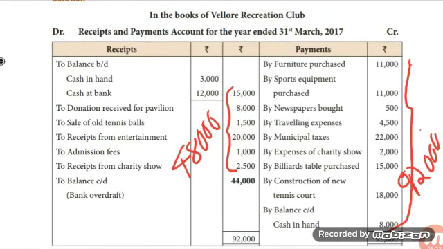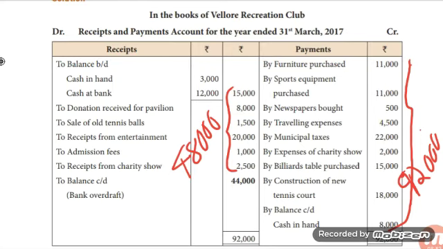Okay children, find the total of both sides, debit side and credit side, and write that amount with a pencil. Children, debit side total is 48,000 and credit side total is 92,000. Here the credit side total is greater than the debit side total.